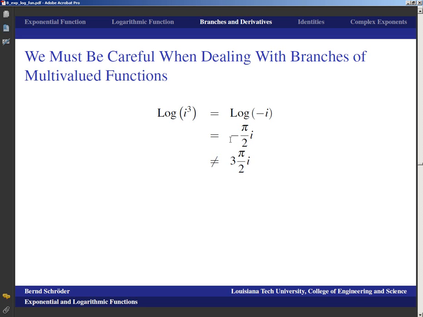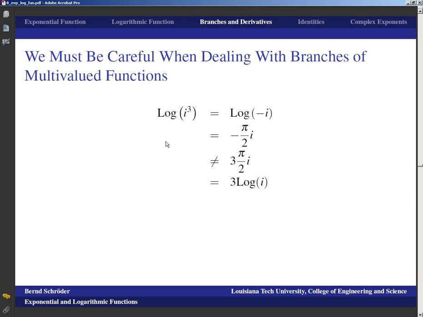Here's where we have to be careful, because these outputs of the logarithm are actually numbers. They're not angles anymore, and since they're not angles anymore, they're not equal to each other. And, well, the pi halves i, that's the principal value of the logarithm of i, so that's 3 log i.